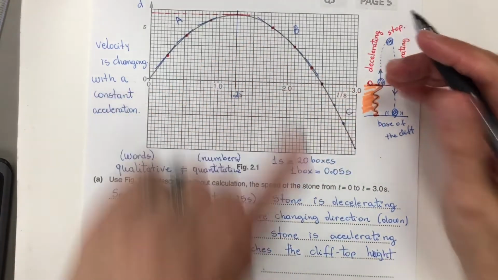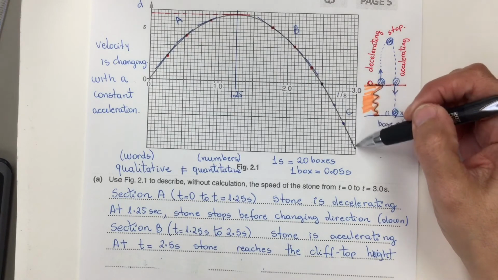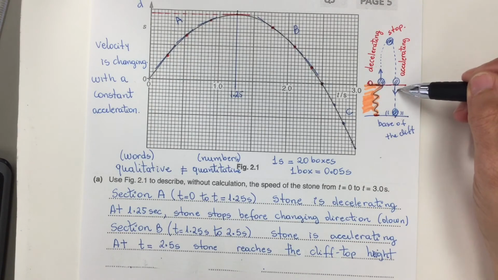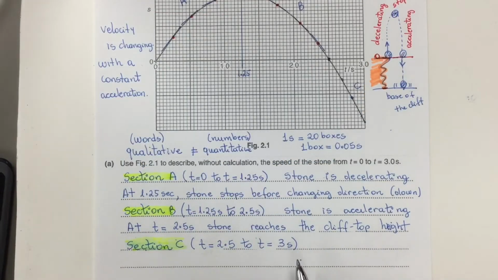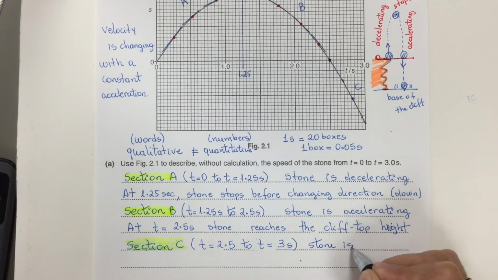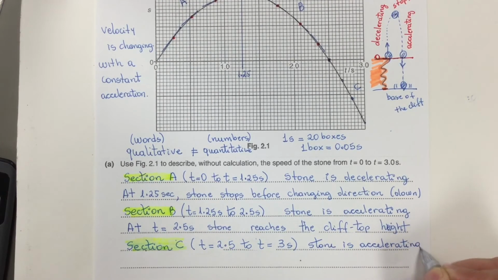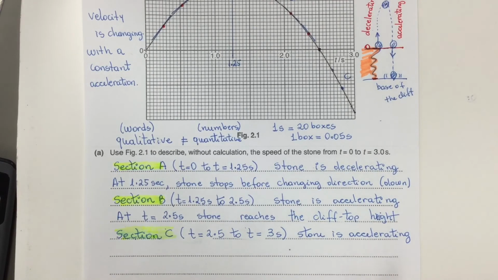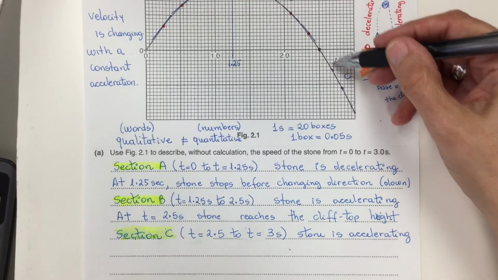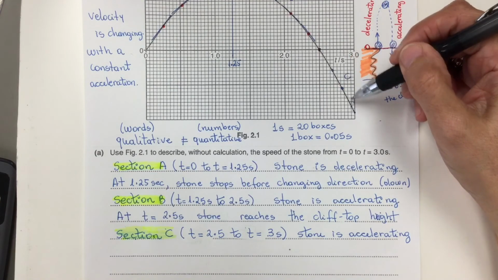But the stone keeps going down, which means that we have this portion right here, C, that is passing the reference point. So we can say here that the stone is still accelerating, from here to here. We still see a curved line with a negative slope.